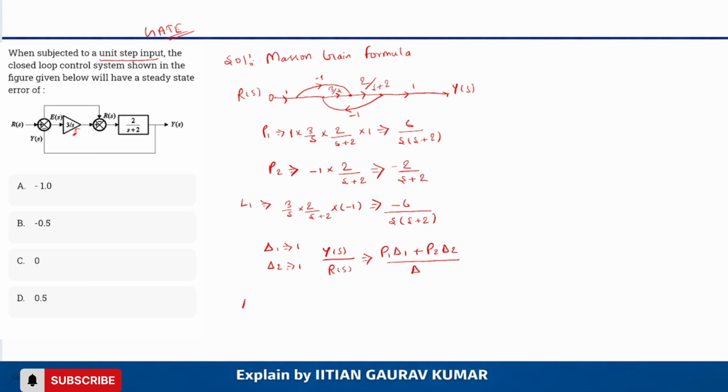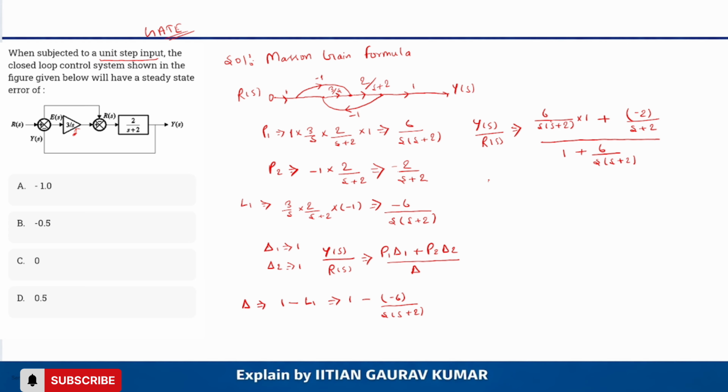Delta is 1 minus individual loop gain, 1 minus L1, which is 1 minus of minus 6 by s into s plus 2, so 1 plus 6 by s into s plus 2.